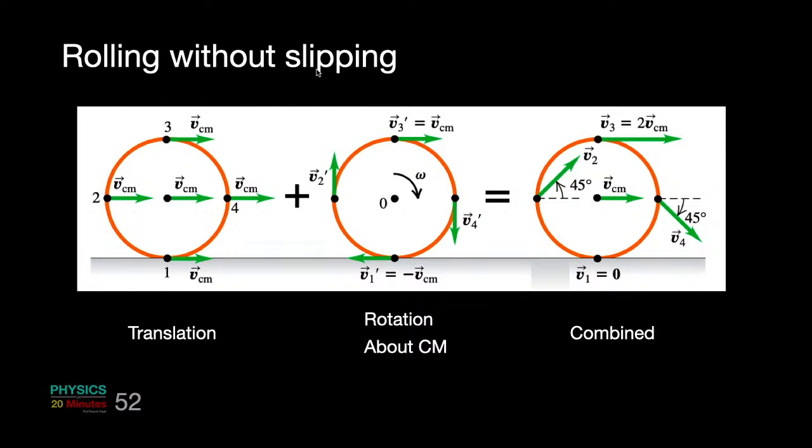So here I have shown rolling without slipping as a sum of translational motion and rotation about the center of mass. You can see that this is my wheel schematically represented. I take 4 points here, 1, 2, 3, 4. Since the center of mass has linear velocity Vcm, all these 4 points should have the same linear velocity.